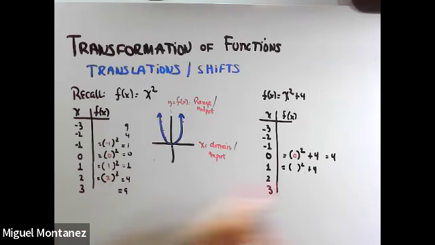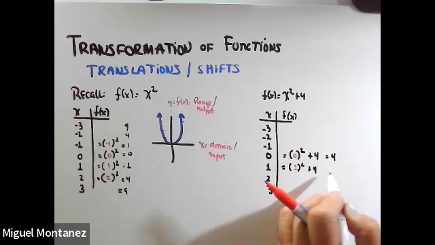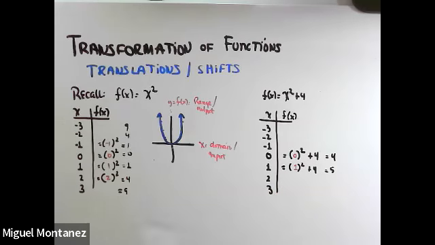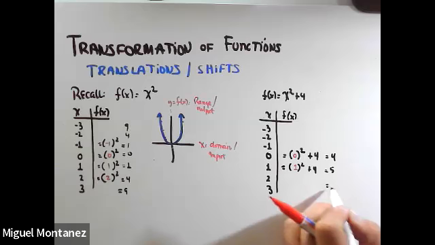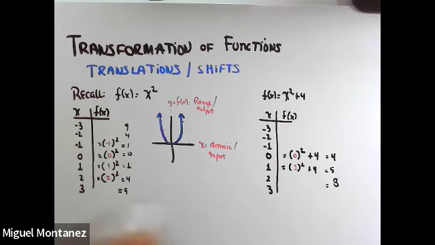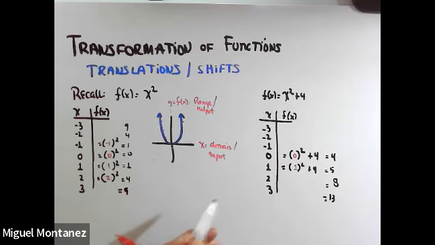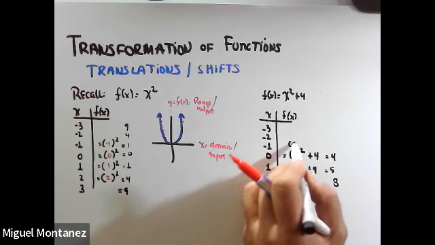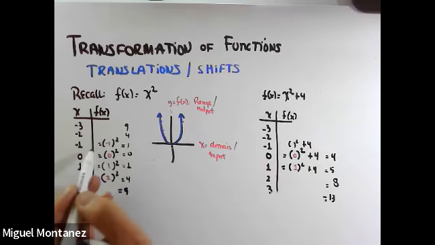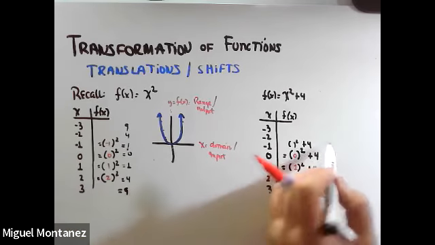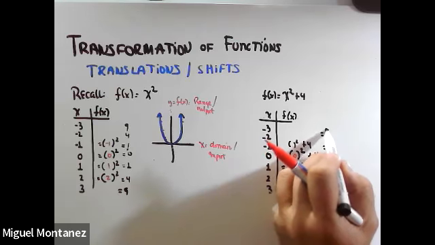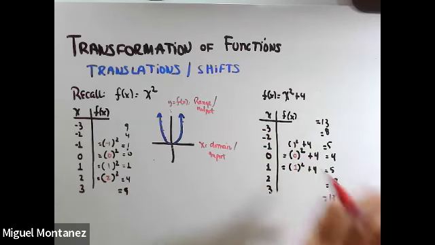So 1 squared will be 1, plus 4 is 5. 4 plus 4 would be 8. 9, which is the original output when x equals 3, plus 4 would be 13. And of course, here it will be the same thing. When the input is negative 1, that will be negative 1 squared plus 4, so the output is 1 plus 4, 5. This will be 8, and this will be 13.